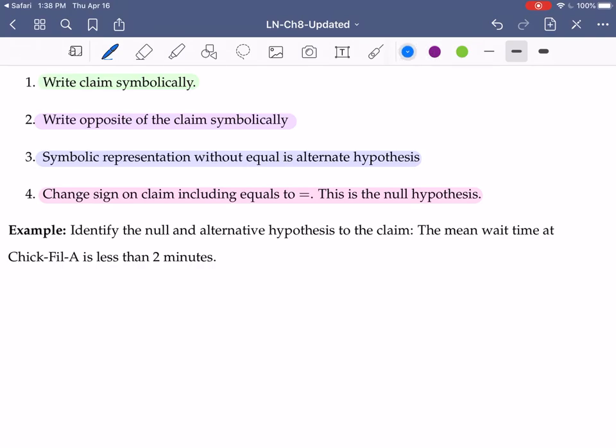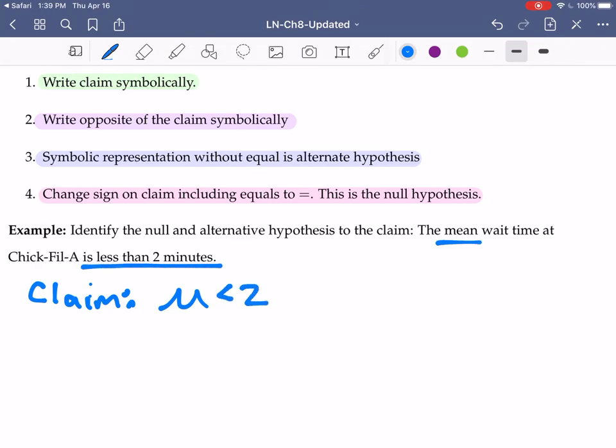So here we want to identify the null and alternative hypotheses for the claim: the mean wait time at Chick-fil-A is less than 2 minutes. The claim that is being made is a claim about the mean, so mu, and the claim is the mean is less than 2 minutes.